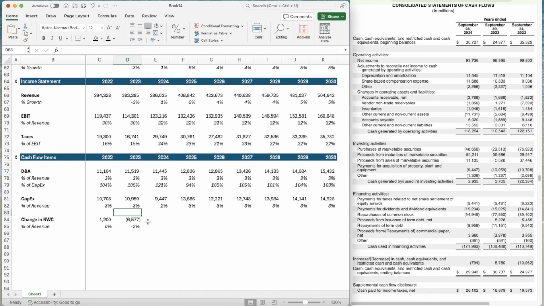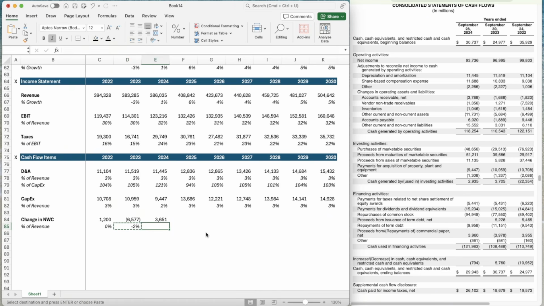So if this is negative, a double negative makes it positive, so you add it in, which is always good for free cash flow. Minus 3788, minus 1356, minus 1046, minus 11731, plus 6020, plus 15552.